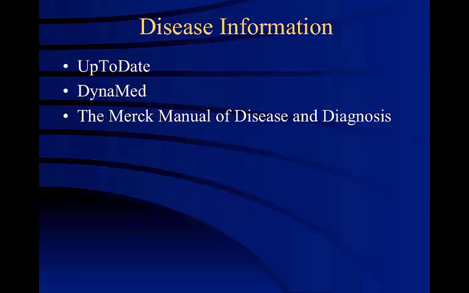The other source I put in here is the Merck Manual of Diagnosis and Therapy, which is available through STAT!Ref. So the next time you're in STAT!Ref, take a look at the Merck Manual. This resource will provide you with a brief description of the disease states, whereas DynaMed and UpToDate are much more in-depth.